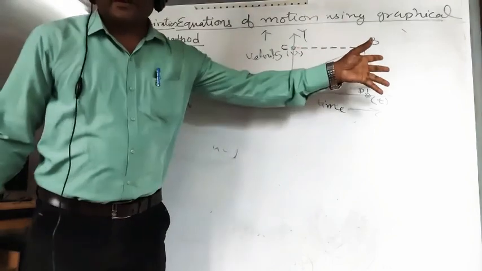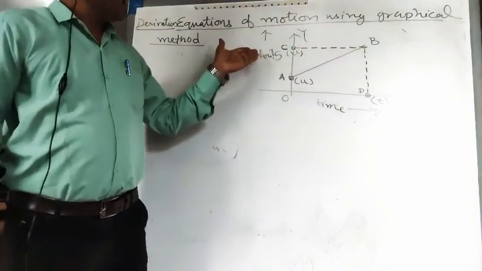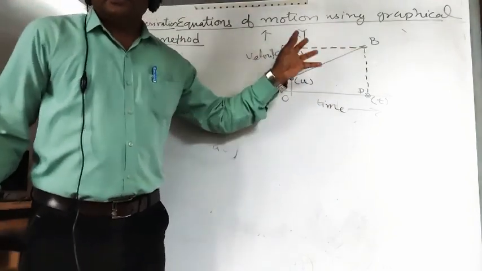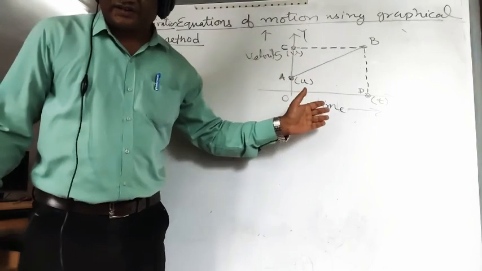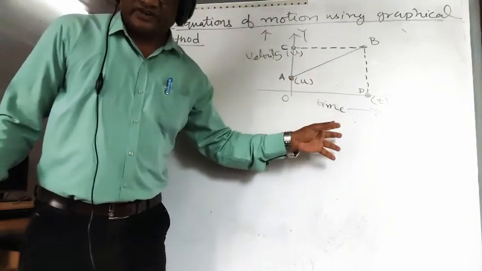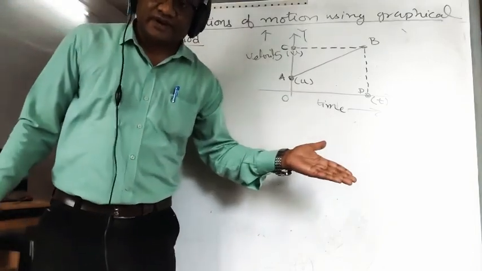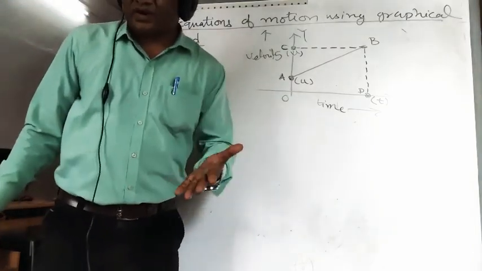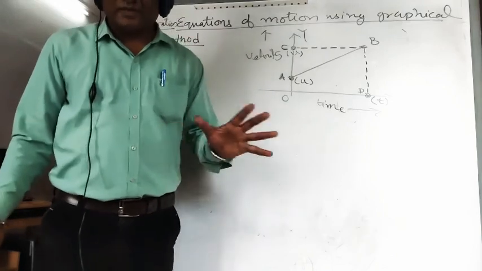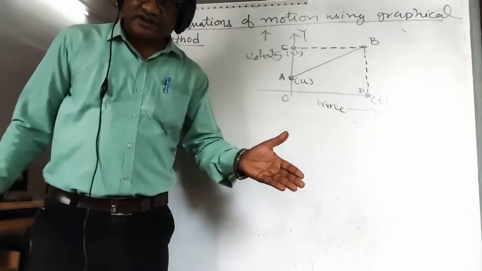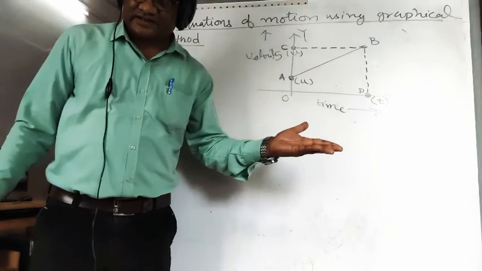This is a velocity time graph for constant, uniform acceleration. Uniform acceleration means the velocity of the body changes by an equal amount in equal intervals of time, no matter how small these time intervals may be, as I discussed earlier.